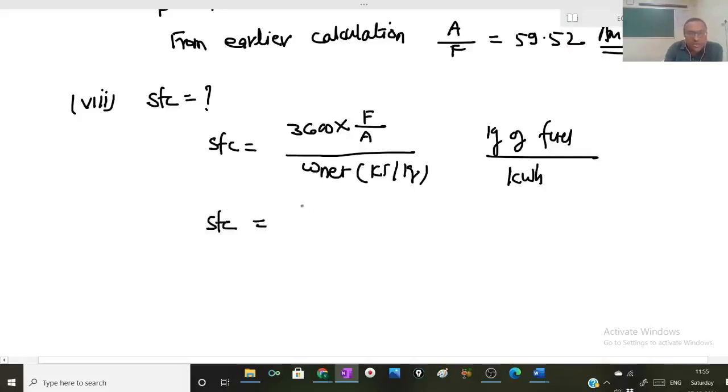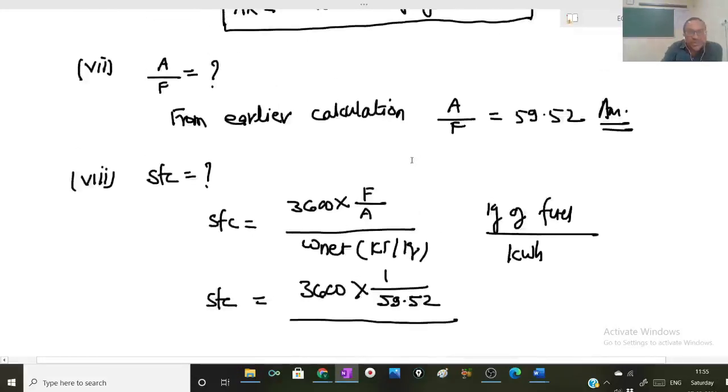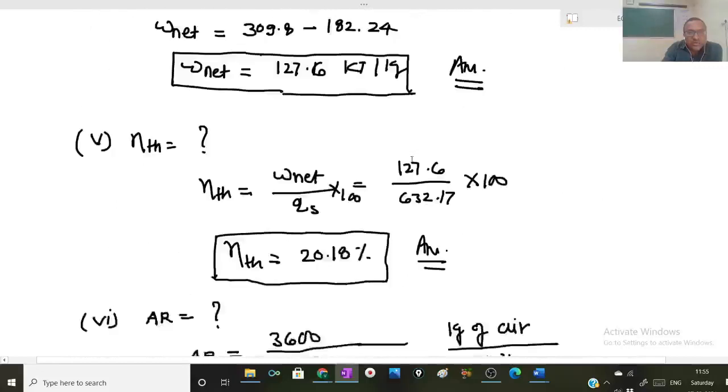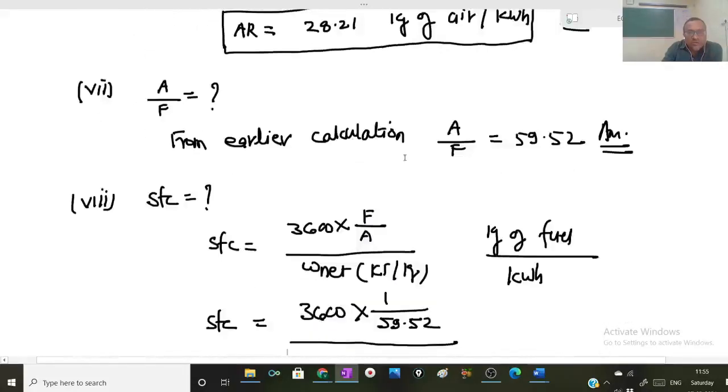Specific fuel consumption is kg of fuel per kilowatt hour output. Fuel air ratio is 1 over 59.52 and W net is 127.6.